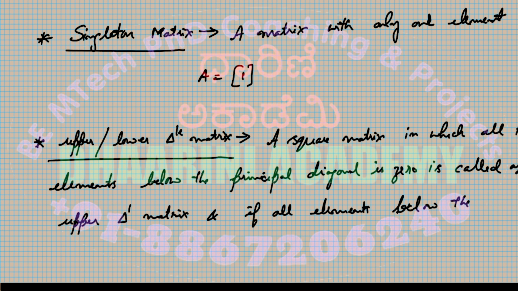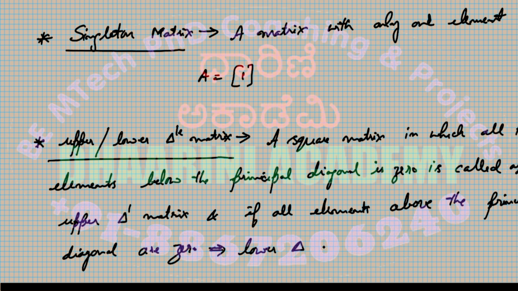Now I have to write above. All the elements above the principal diagonal are 0. This implies it is called the lower triangle matrix.